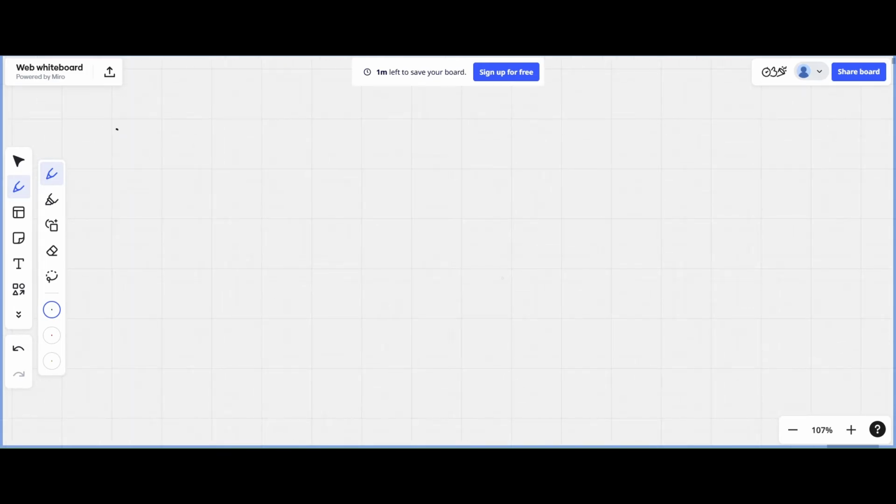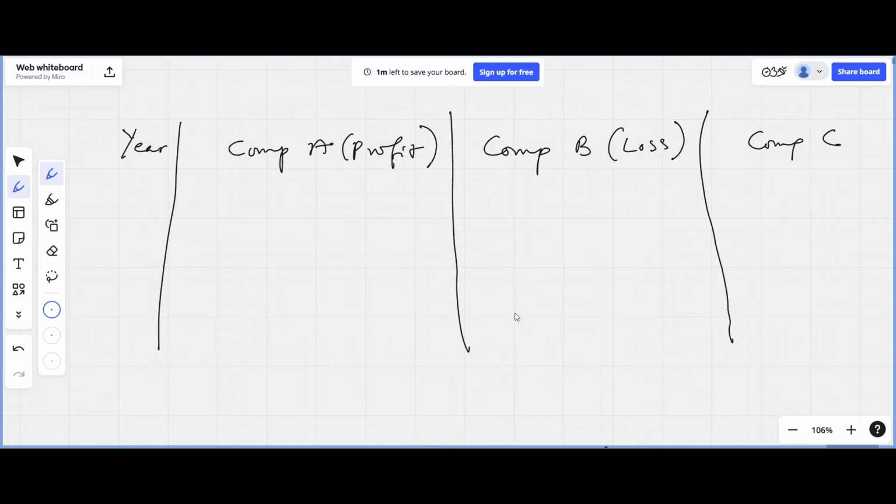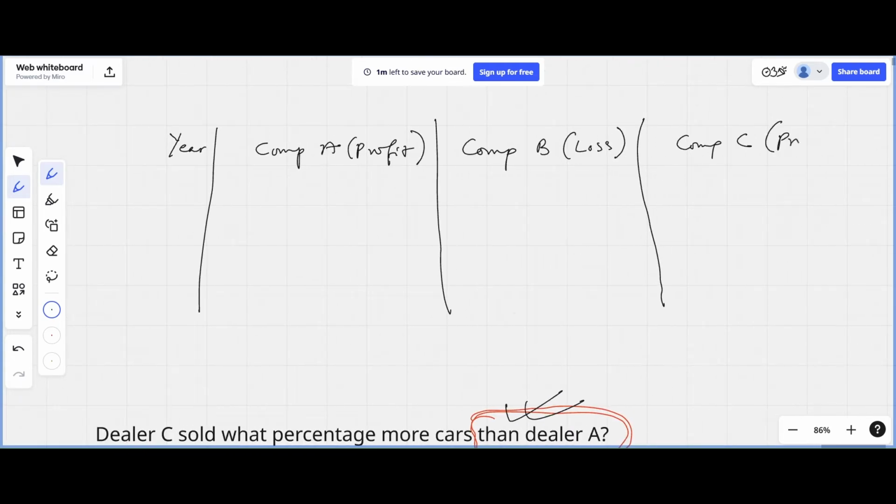So there are three companies now. Here is the year. This is company A. Company A has profit like this, and company B has a loss, and company C is profit again. The year is 2022.